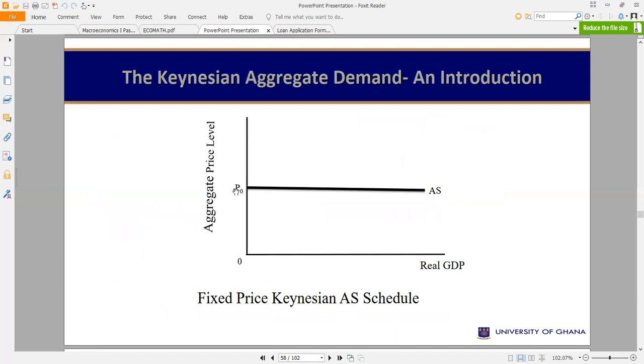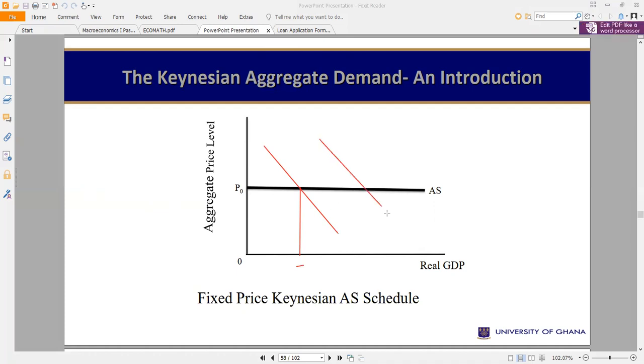Initially, price was fixed. So this is the fixed price Keynesian AS curve. Okay, so it doesn't matter the quantity that they offer for sale. Price was constant. So this is what I was saying. If demand was at this point, then the producers were willing to offer this quantity for sale.